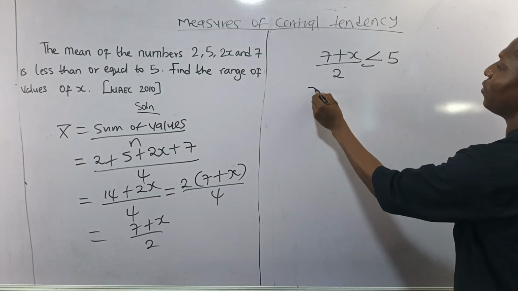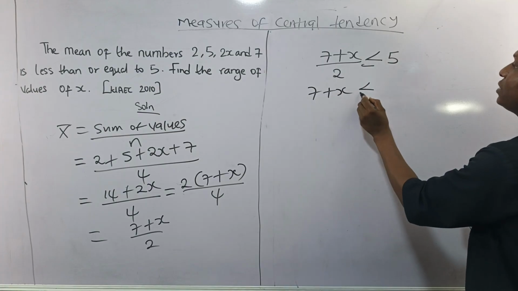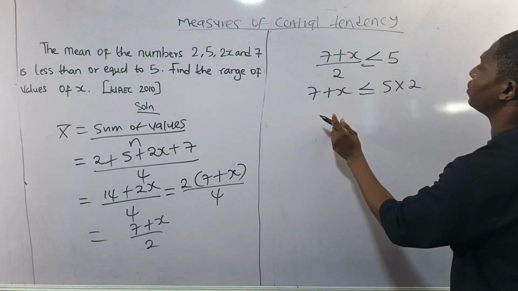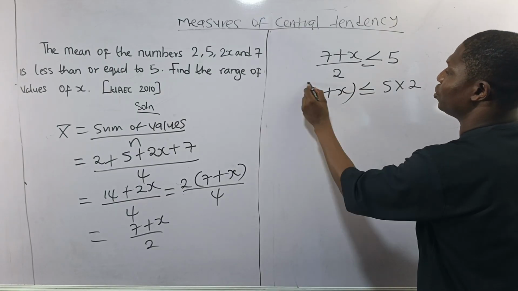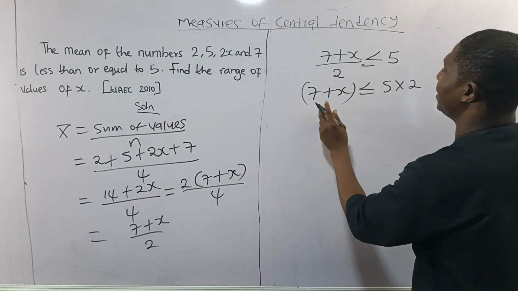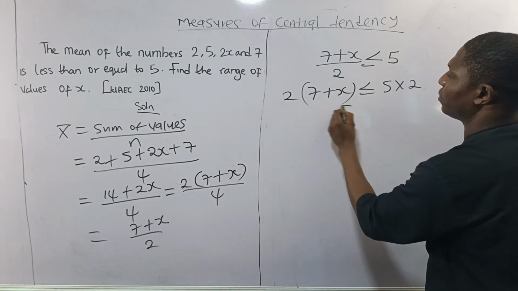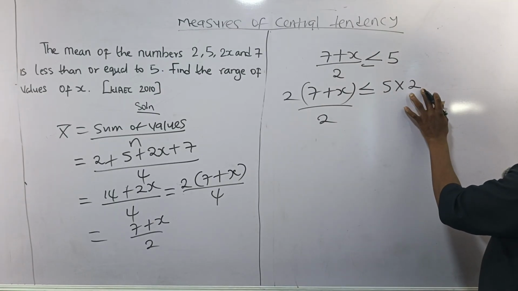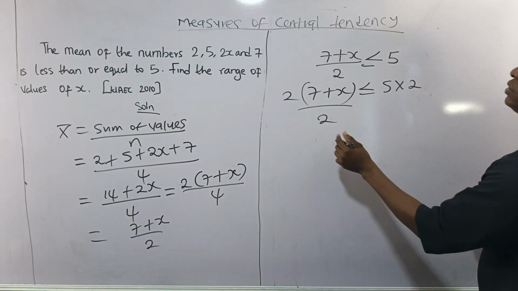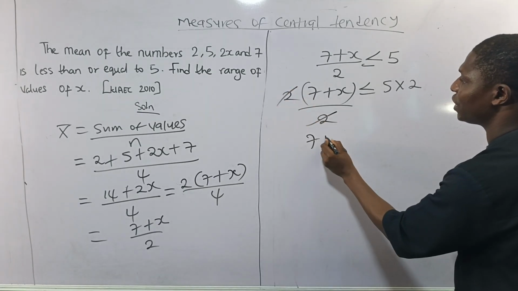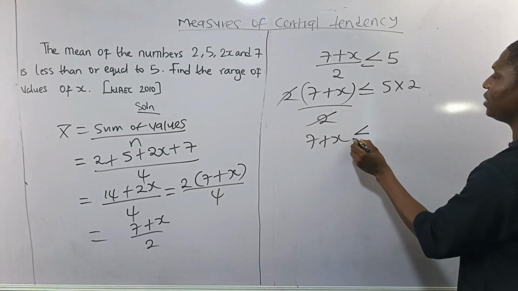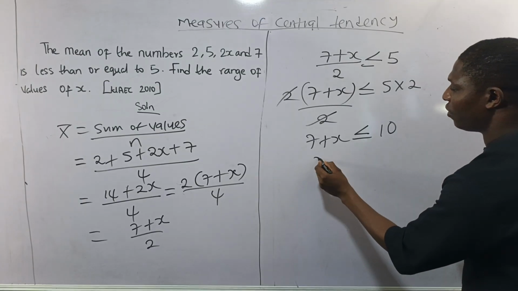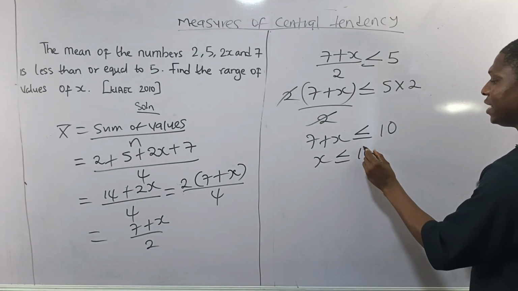Now if we cross multiply, we have 7 plus x less than or equal to 5 times 2, or to make it easy, you just multiply through by the LCM, which is 2. So I have 7 plus x less than or equal to 5 times 2, which is 10.